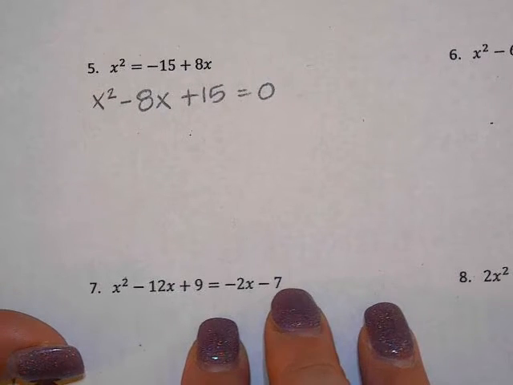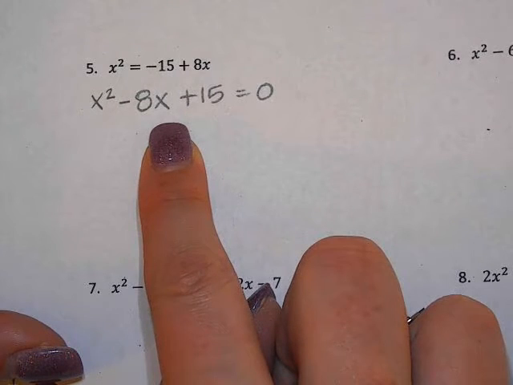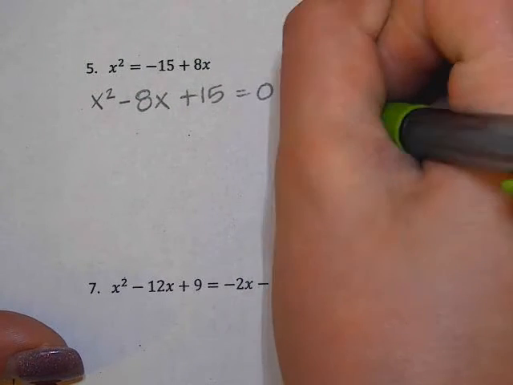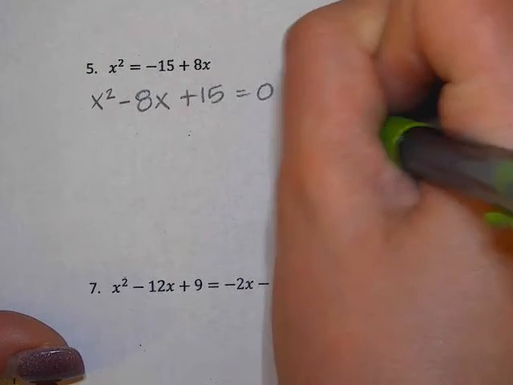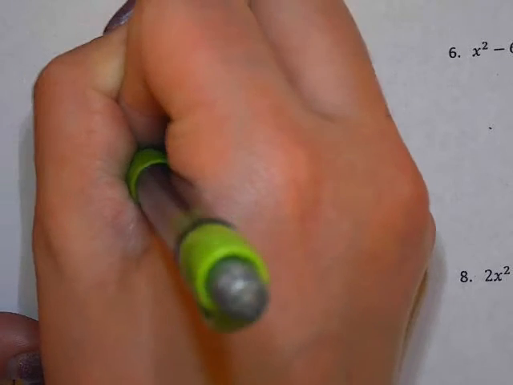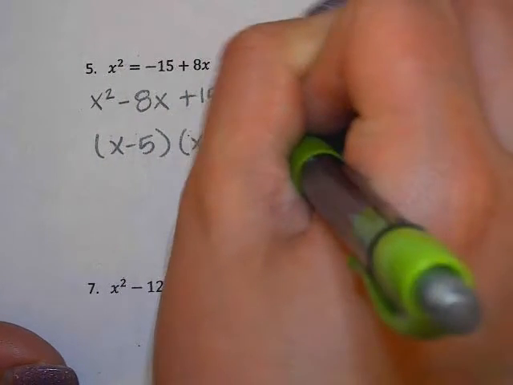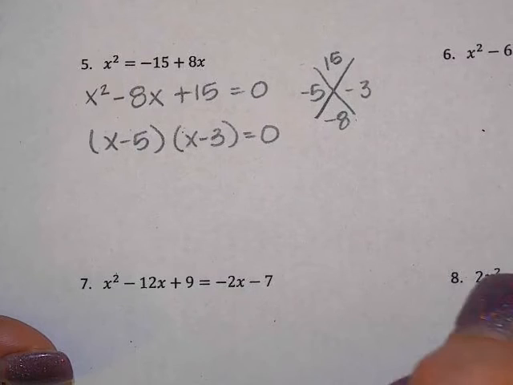All right, so we are looking for 2 numbers that multiply to 15 and add to negative 8. Okay, so multiply to 15, add to negative 8: negative 5, negative 3. And what are the solutions?